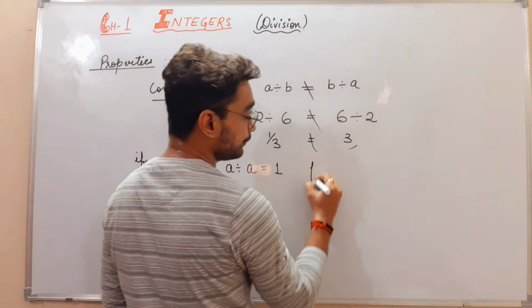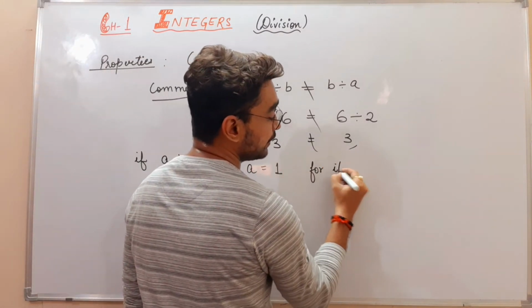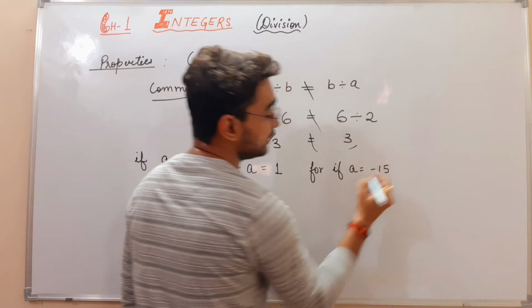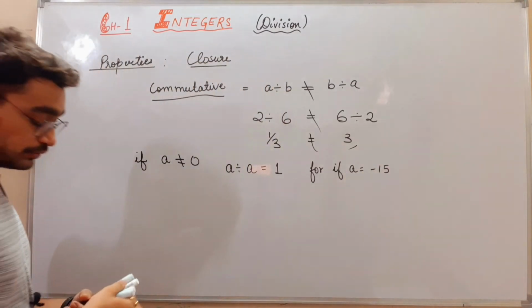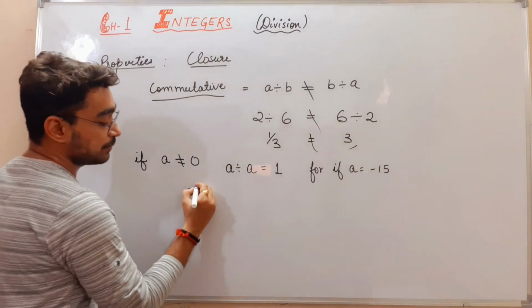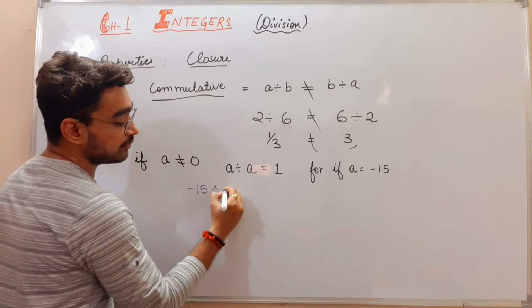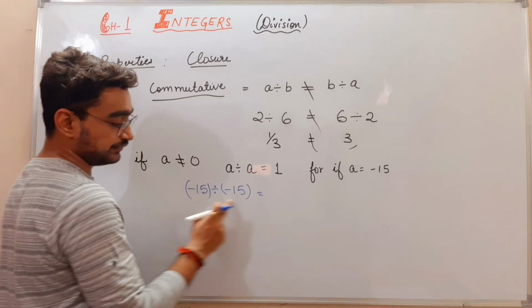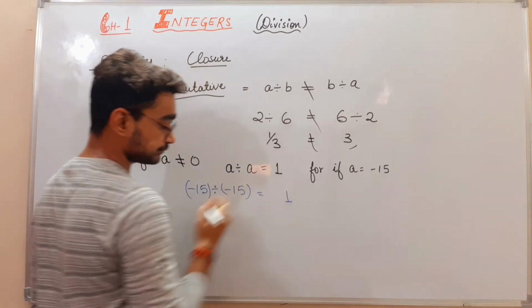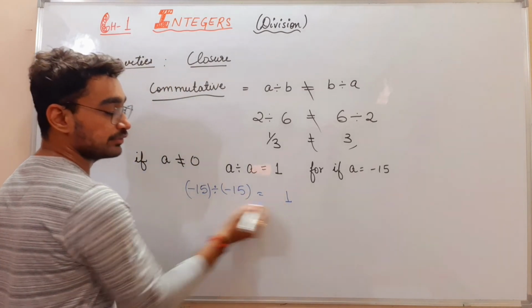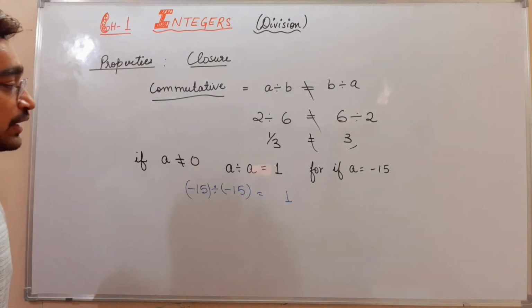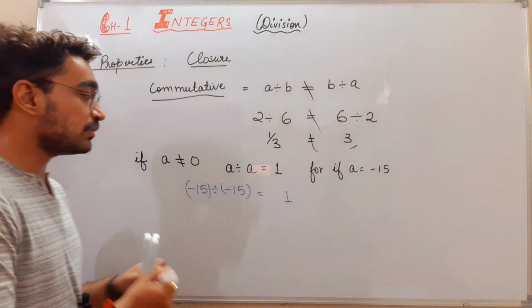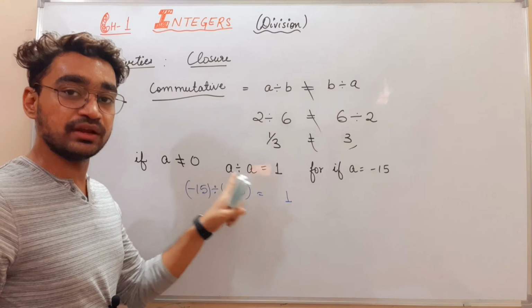For example, if A is equal to minus 15, what can we say? Minus 15 divided by minus 15 will be what? 15 divided by 15, 1. Both are negative, so the answer will be positive.